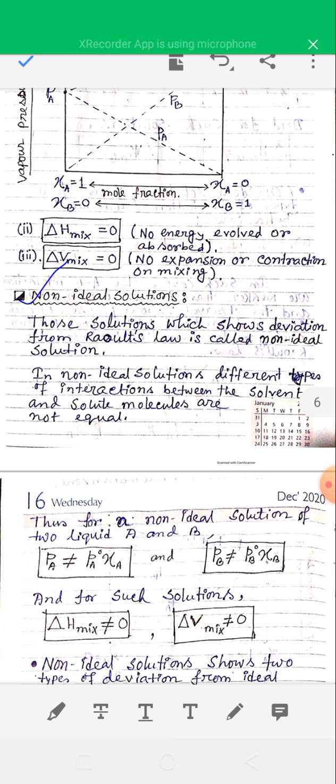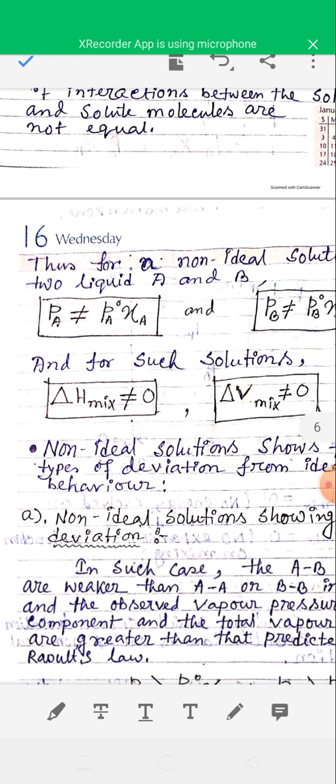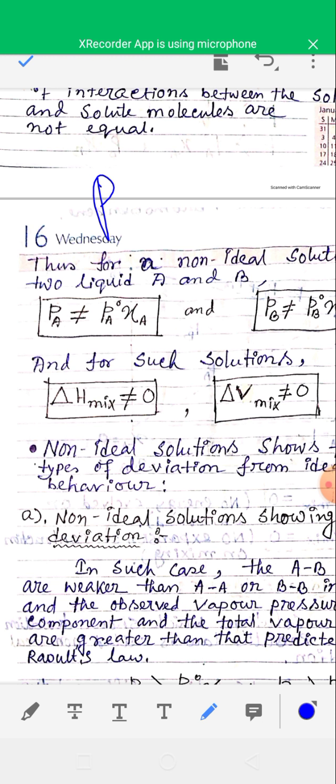So you cannot write PA is equal to PA naught XA for a non-ideal solution. Suppose two liquids A and B are mixed together to form a non-ideal solution.